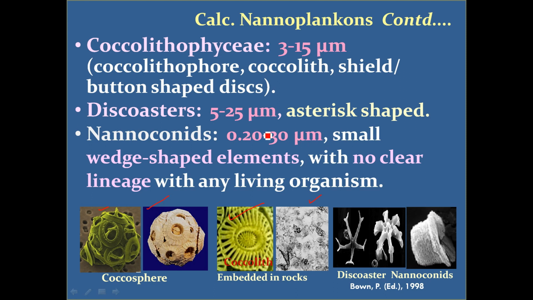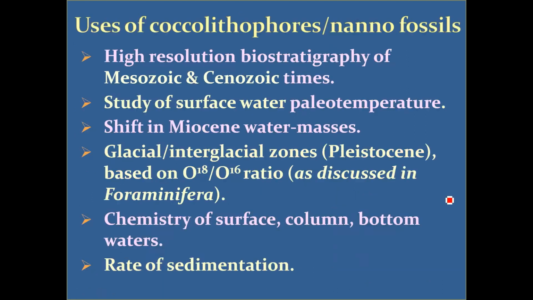They range in size from 0.20 to 30 millimicron, and they can look like a very miniature flower-like structure, and they do not have any clear lineage with any living organism, and these discoasters and nanoconates are the extinct groups.